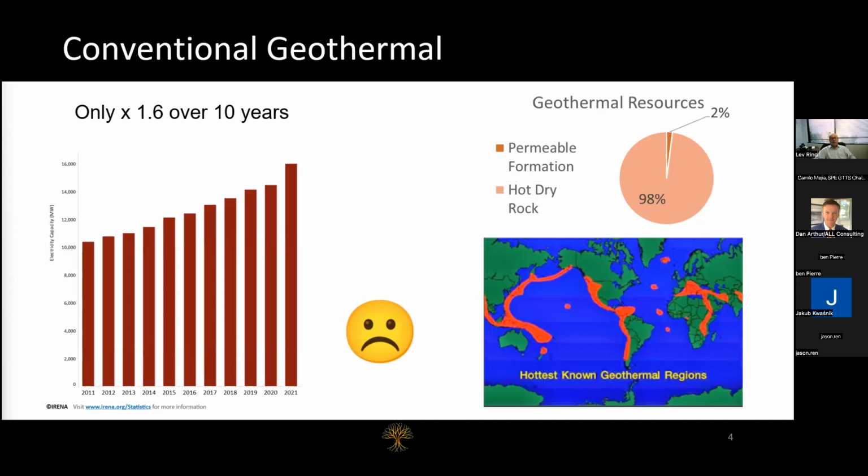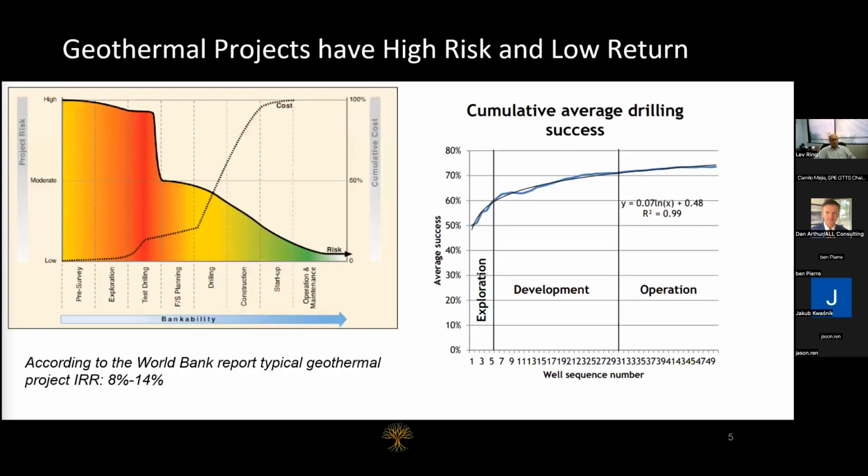The rest is hot dry rock. And if we want to convert this growth to exponential growth, which we all want, then we need to figure out how to harvest heat efficiently from hot dry rock.